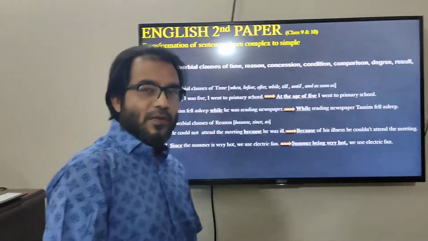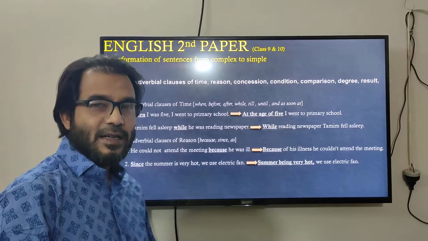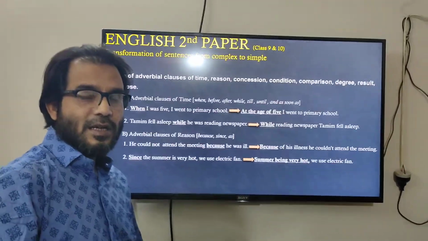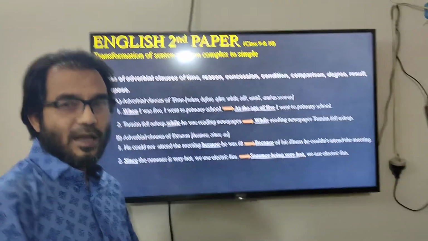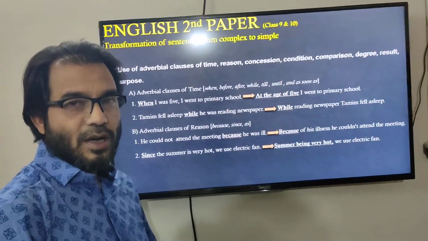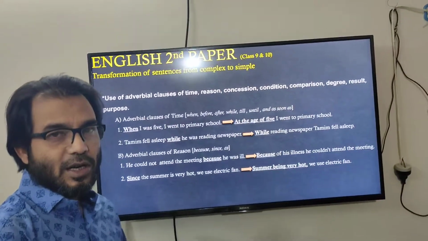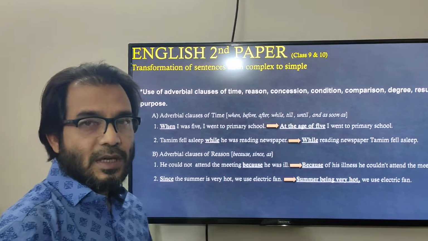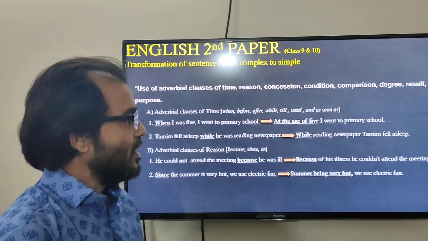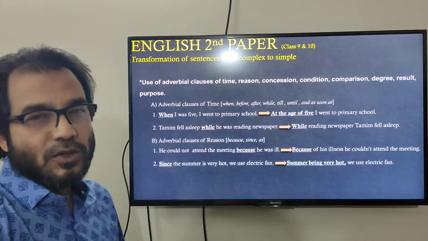The terms qualify or modify indicate how or when an action happens, or what type an adjective is. Let us discuss in detail, then it will become clear to you.